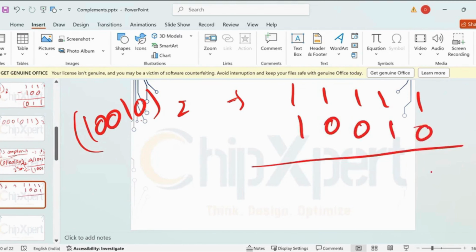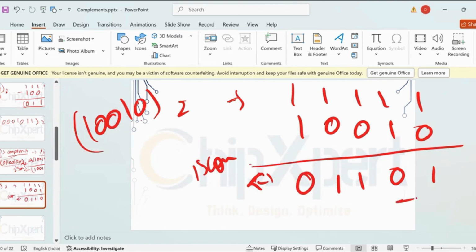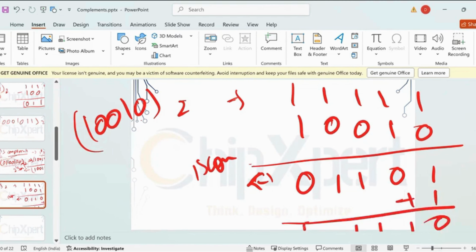So what will I get here? 1 0 1 1 0. This is my 1's complement number. To this I add 1, giving 1 0 1 1 1 0. So this is my 2's complement. This is the way to find 2's complement.